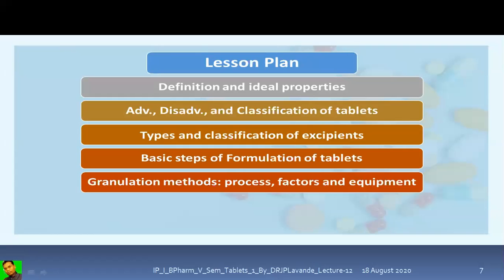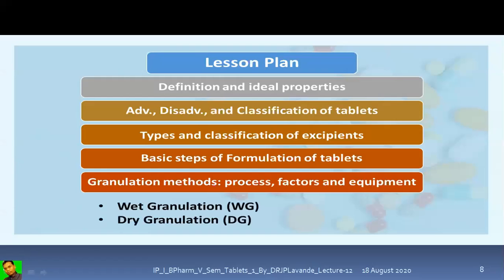In granulation, we will go through the different processes of granulation, the different factors affecting the rate and process of granulation, and the different equipment used in granulation.